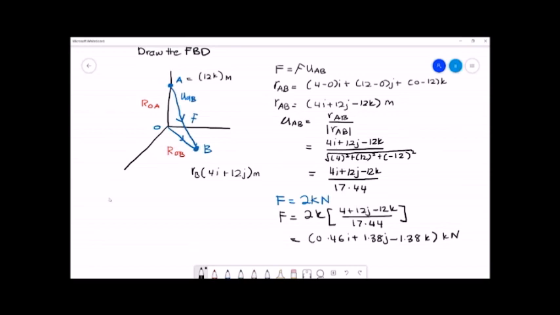If you understand the moment of a force concept, you will know that ROB cross product with F will have an equal moment with ROA cross product with F. Now we perform the equation for ROA.